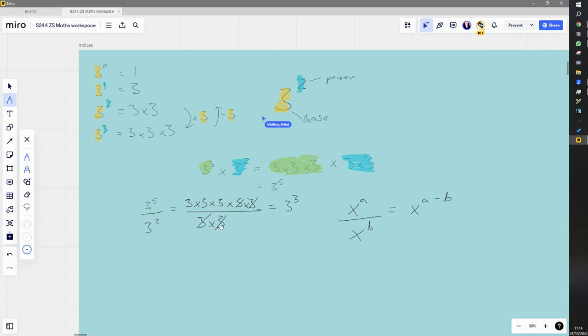Maybe what I want to do is colour in the x. Again, remember that's the base. These won't work if we change the base. If I did x to the power of a divided by y to the power of b, I won't be able to simplify it any further. So these are some bases here.